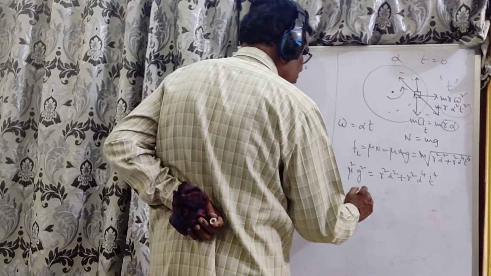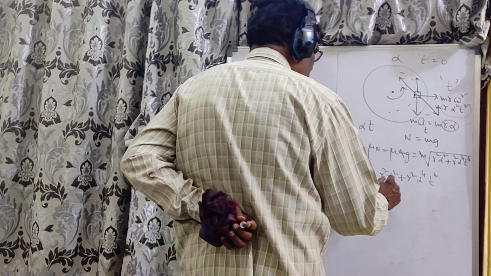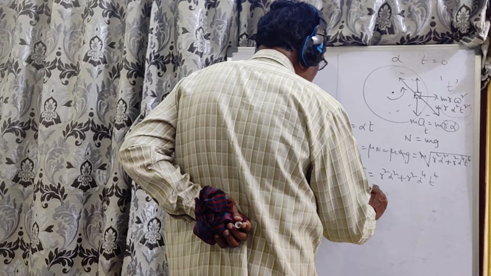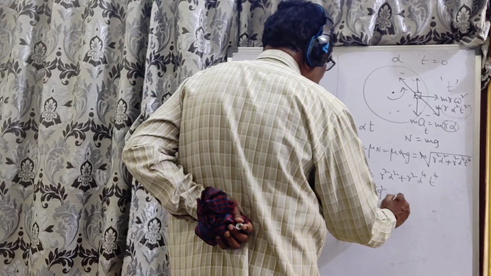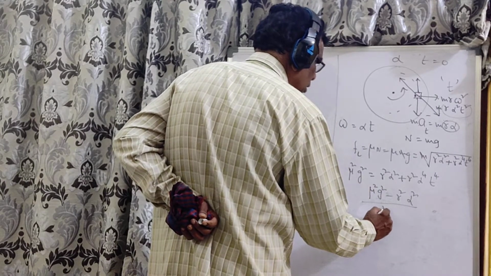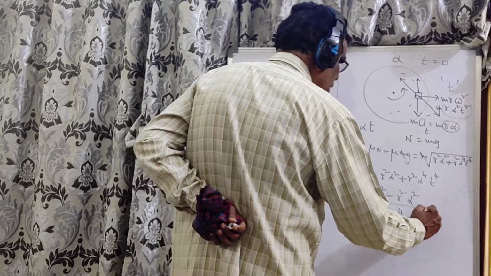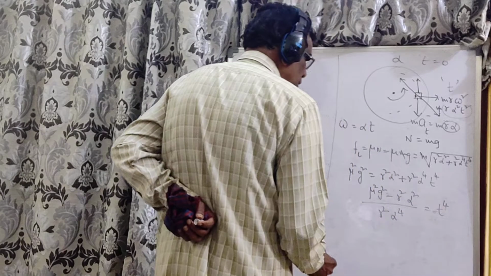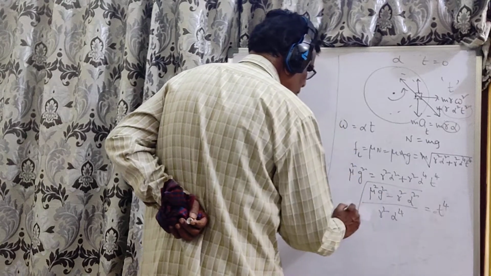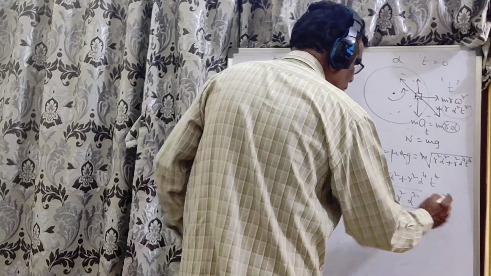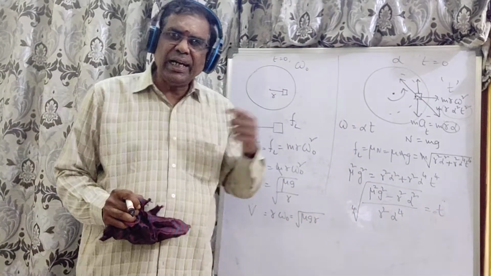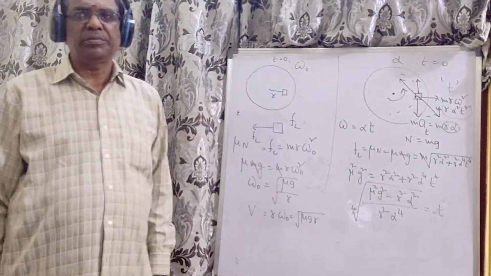And now I can write t to the power 4 equals mu squared g squared minus r squared alpha squared by r squared alpha to the power 4, so t is the 1/4 power of all this. That is the time at which it begins to slip.